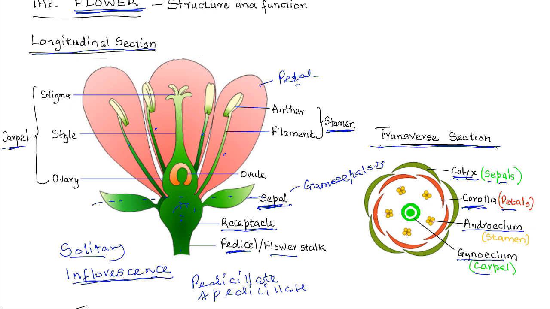That is, when the sepals that make up the calyx are fused. On the other hand, when these sepals are unfused, they are free, then the calyx is said to be polysepalous. Okay, so the calyx may be gamosepalous, made up of fused sepals, or polysepalous, where the sepals are free or unfused.